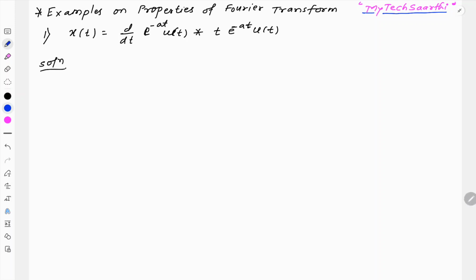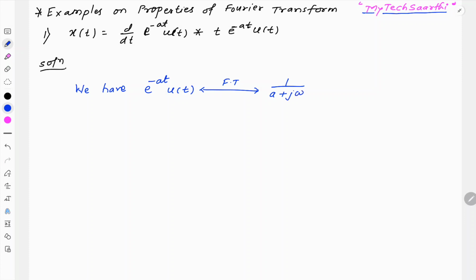If you look at this equation, we have e raised to minus at u of t in both the parts. So we have the standard equation: e raised to minus at u of t has Fourier transform 1 upon a plus j omega.